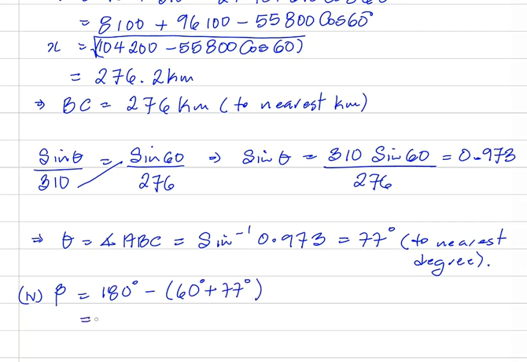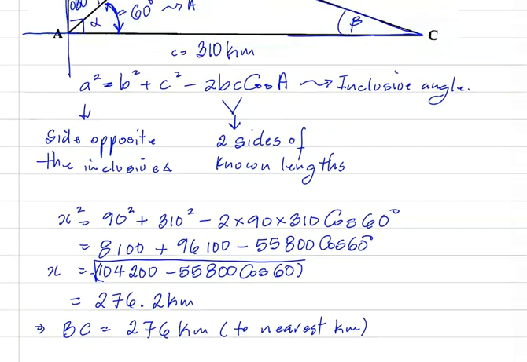So this is 180 minus 137, which is 43 degrees.